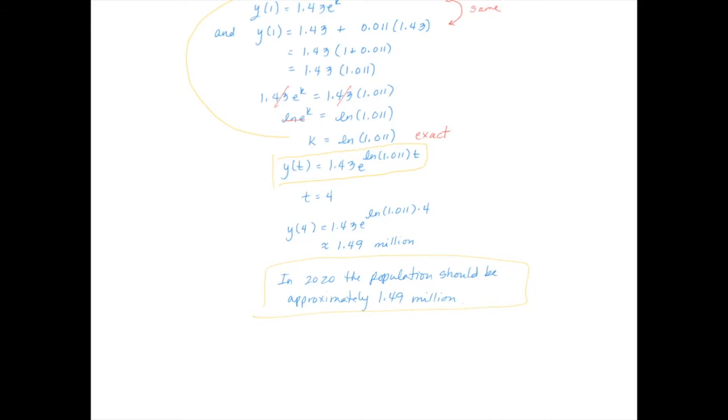Okay, so let's go on to another example. This time we're going to be looking at another type of problem that you should have seen before, and that would be doubling time.